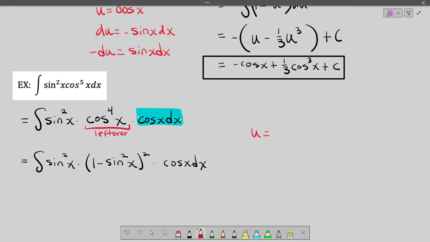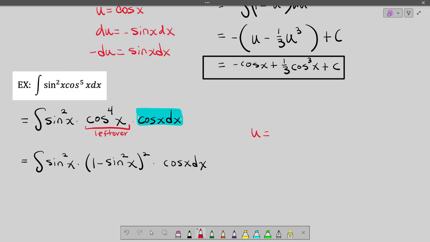So if we put this cosine over here, we want to let u be the function whose derivative is what's in the blue box. So it's u equals the function whose derivative is cos x dx. So what function has cosine as its derivative? Sine. So yeah, we want to let u be whatever the function is that's present over here. Like the whole point of pulling off a cosine is that if we let u be sine, its derivative is over there.